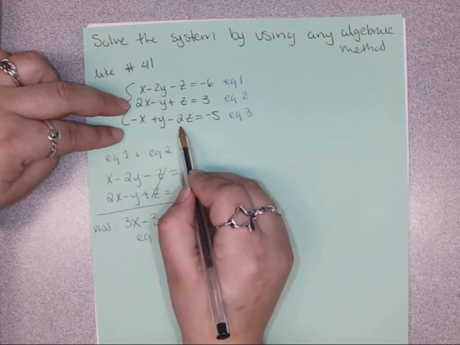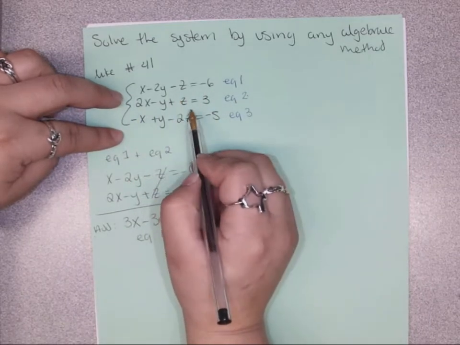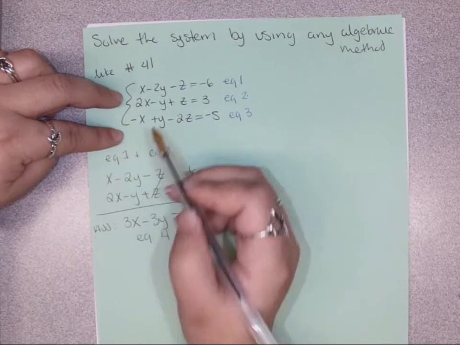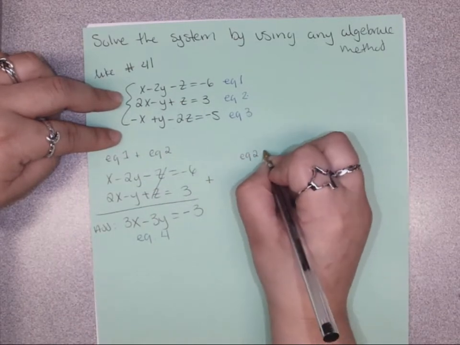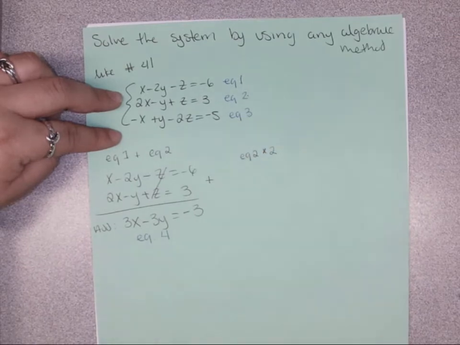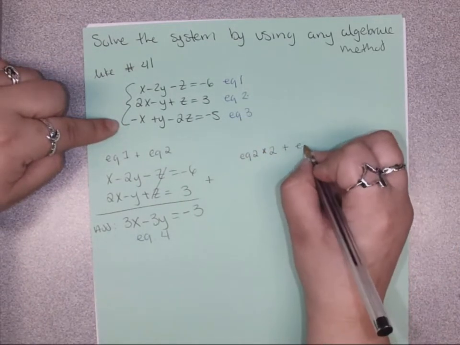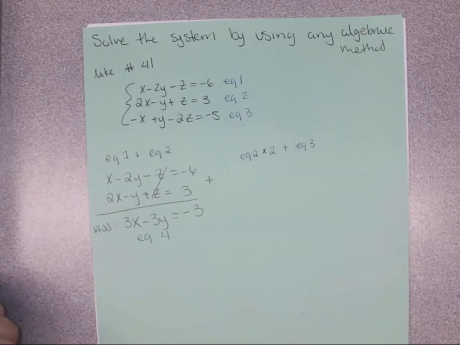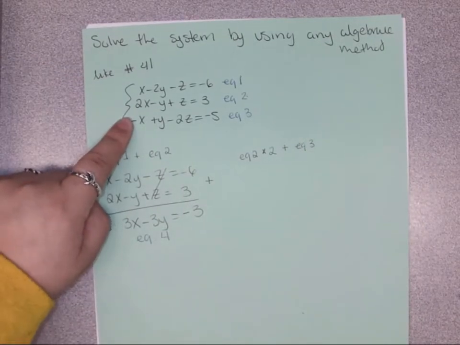Here I have a positive z and in equation 3 a negative 2z, so I somehow have to match them. I need a 2 in here. So I'm going to take equation 2 and multiply it by 2, and then add it with equation 3.